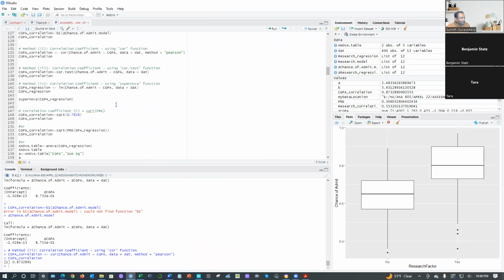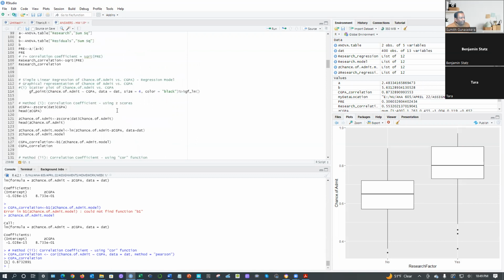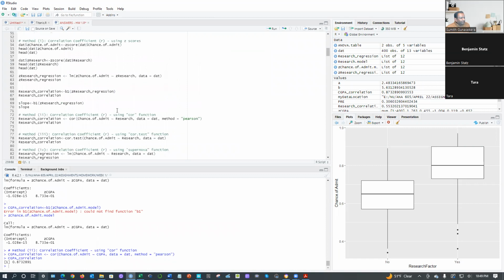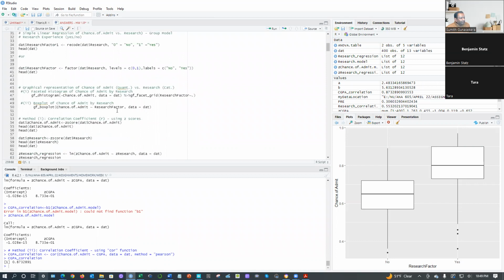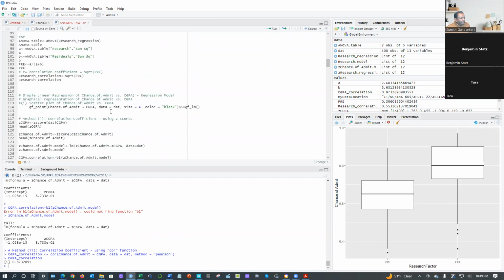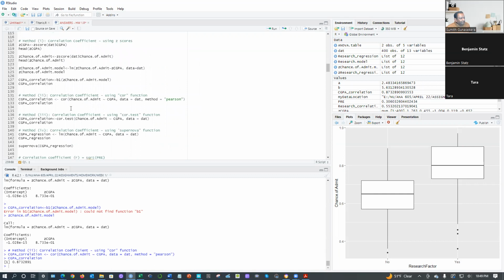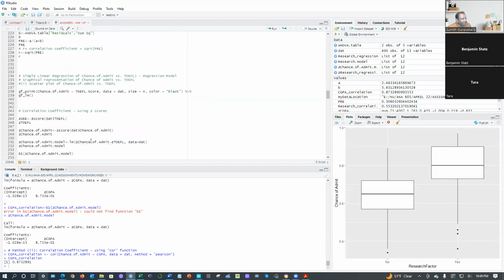See, they cannot scroll. Okay, this one, that's the first one. Okay, what is this one? See, keep this versus research. CGPA. Yeah, see, information here, CGPA.